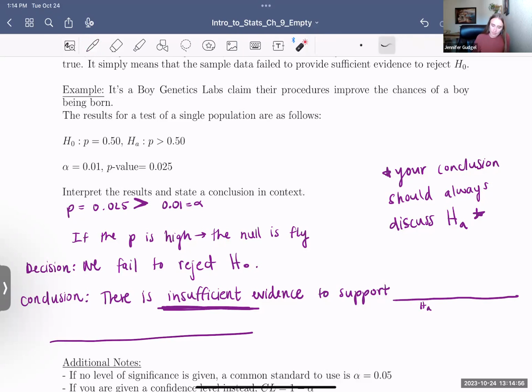In our case, it was to support that the procedures actually improve the chances of having a boy, to support that the procedures improve the chances of a boy being born.